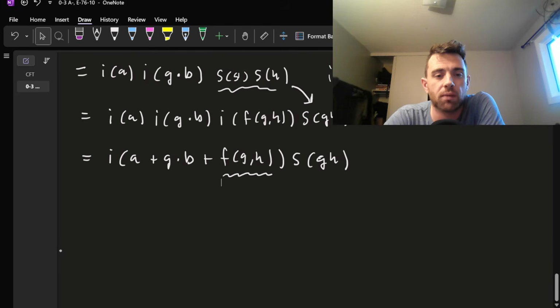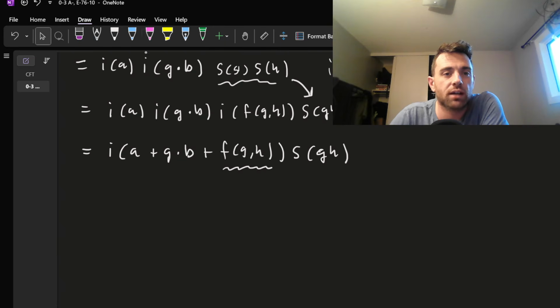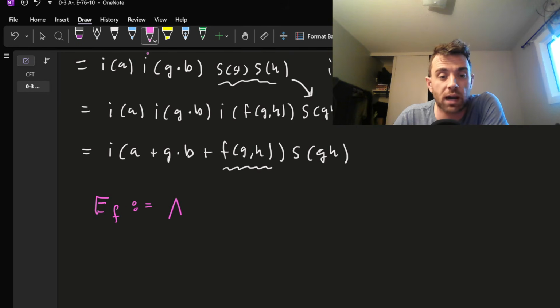So I'm going to define a new group called E sub f. And just like with the semi-direct product, I'm actually going to define it on the Cartesian product. So the underlying set is going to be the Cartesian product. But how do I define the group operation on here? Well, it's exactly defined by this.